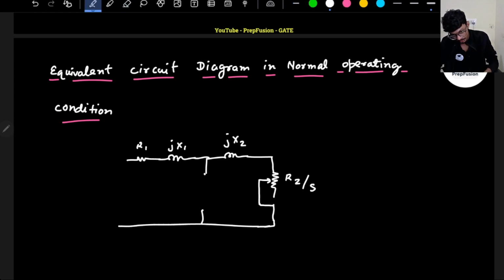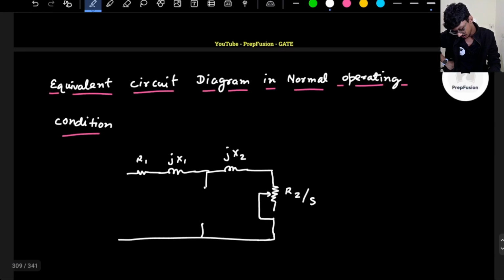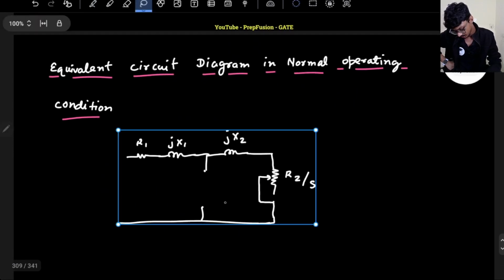Okay, so this is the normal working condition, right? So here I will just replace all the values.